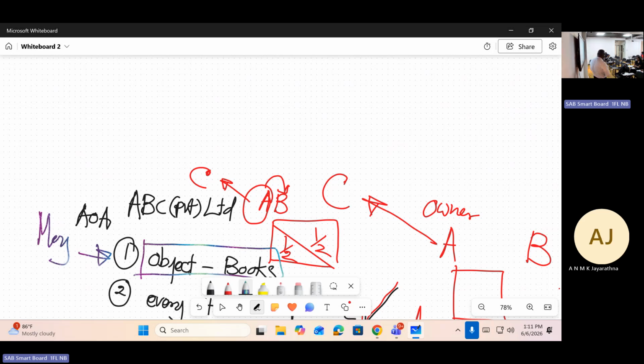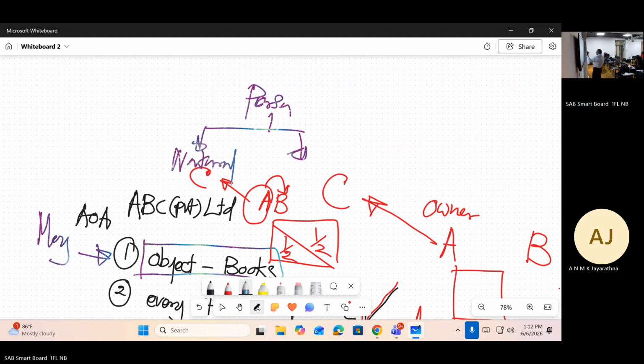We started this lesson by considering there are two types of persons. We divided persons into two: natural, meaning human, and legal person. Under legal persons, we can recognize companies.